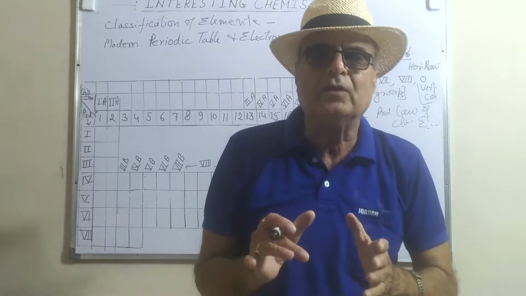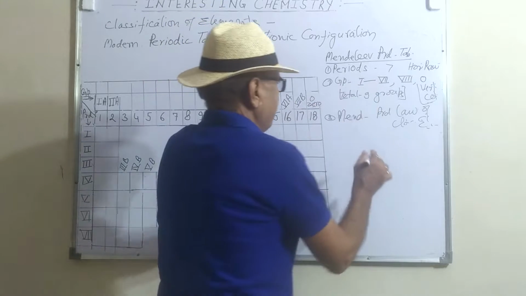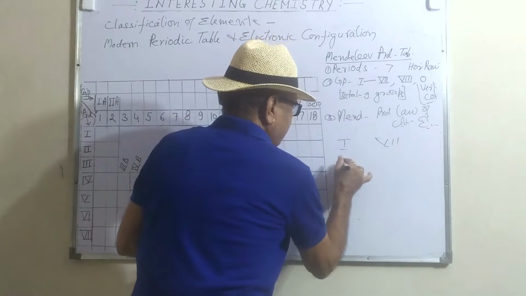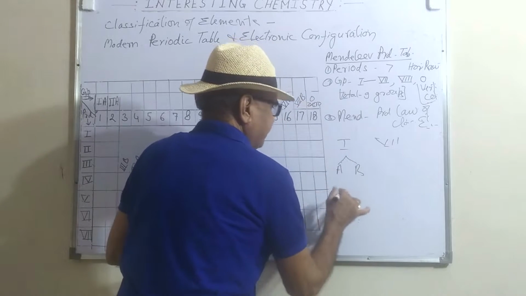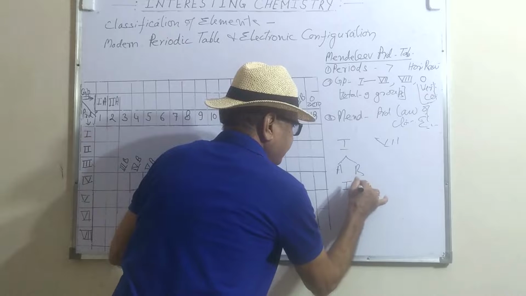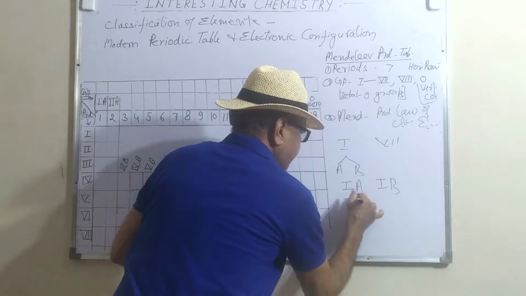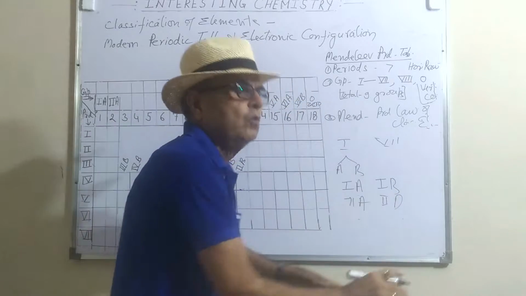But later on, each group from 1 to 7 was divided into A and B. So you will find first A, first B, second A, second B, and so on.